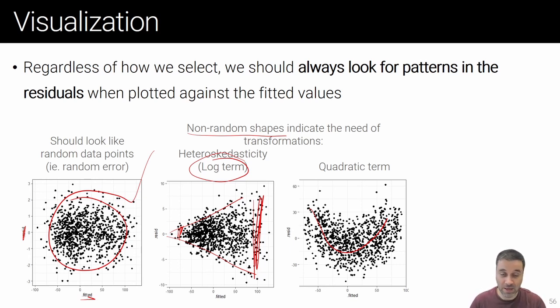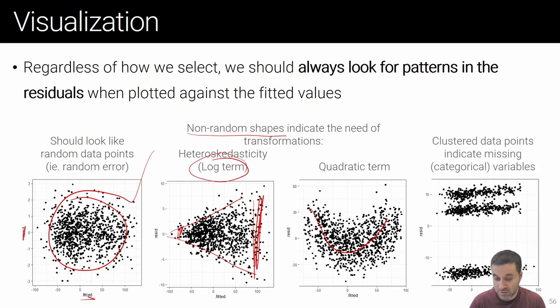And of course, it might be something like this, where we see there are 3 clusters of points. Well, this probably suggests that we're missing a categorical predictor, something that is going to be responsible for the differences between these 3 groups.